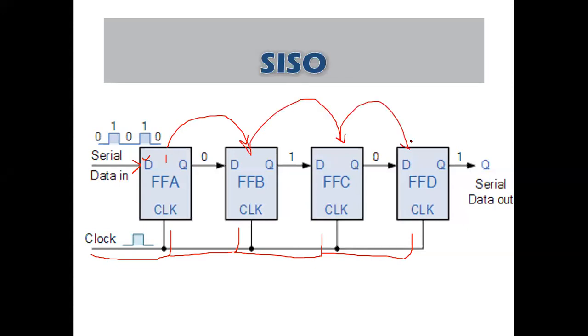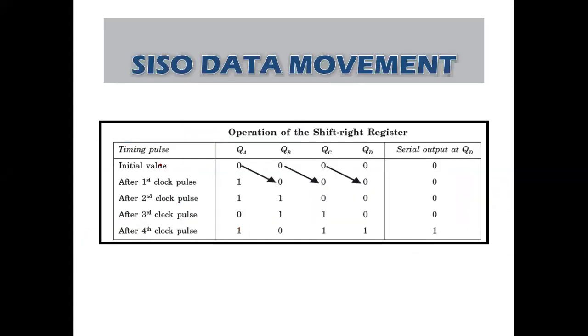On the fourth clock, the one will come out of here. Each time I apply a clock pulse, the data will jump from one flip-flop to the other.